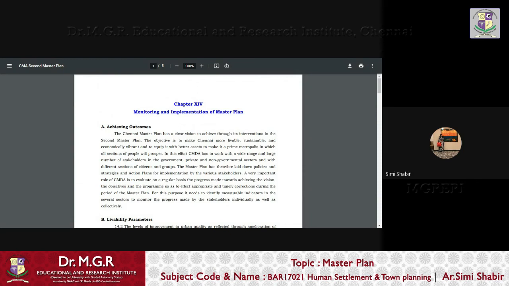Okay, so now we will also take a look at the land use zones. What is land use planning, so as to understand how this could be effectively linked with the master plan.